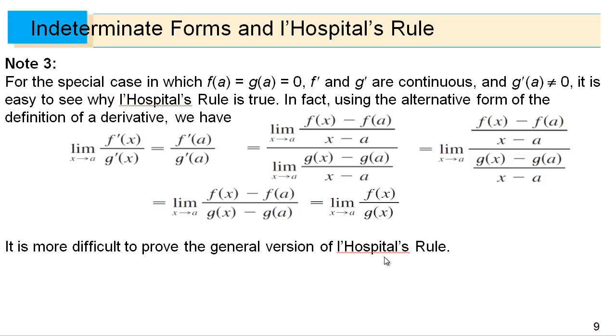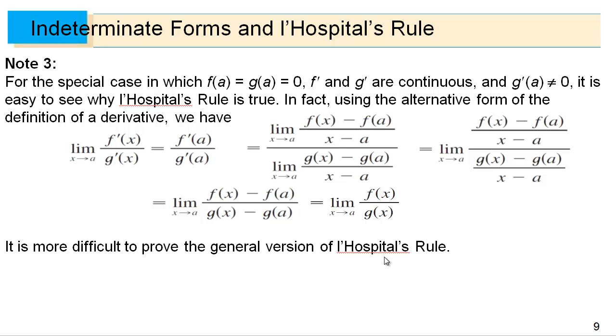Now let's take a look at how and why this works. To see it, we're going to look at the special case where f of a equals g of a equals 0, and f prime and g prime are continuous, and of course g prime at a does not equal 0.